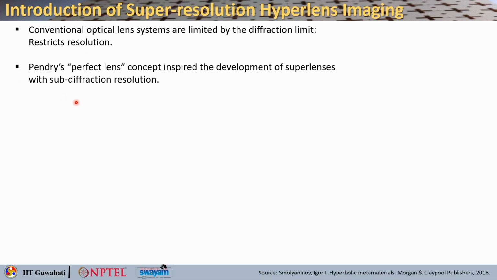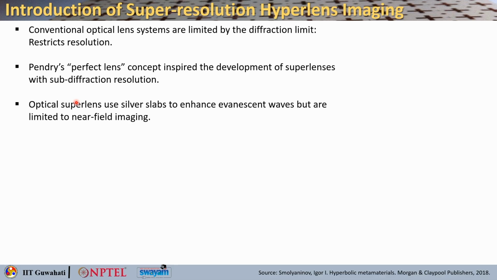Once Pendry predicted the perfect lens, a concept inspired by the development of super lenses using negative refractive index material, it was possible to do sub-diffraction imaging.